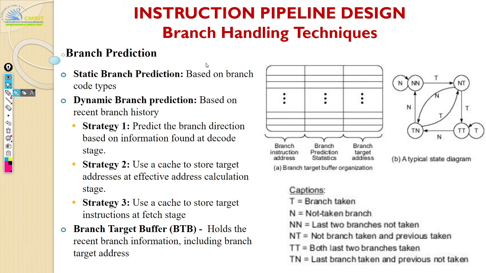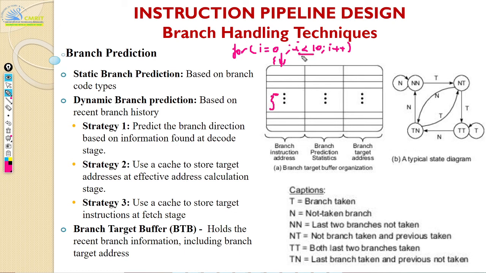So let us say you have a for loop in your C program: i equals 0, i less than 10, i plus plus. It's a simple for loop. Your compiler can most certainly say that the first time you are going to enter into the loop, and by the end of the loop you have a condition, you compare.